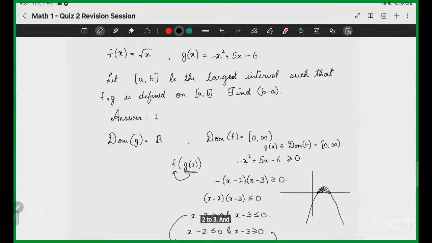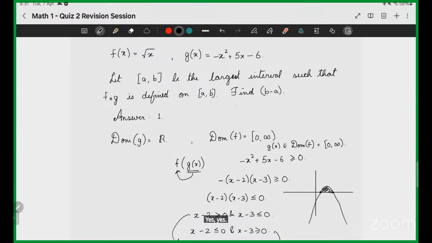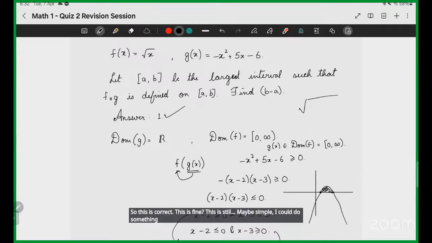So this is correct. This is still maybe simple. I could do something like f of x is 1 minus x, and then g of x is this quadratic function.